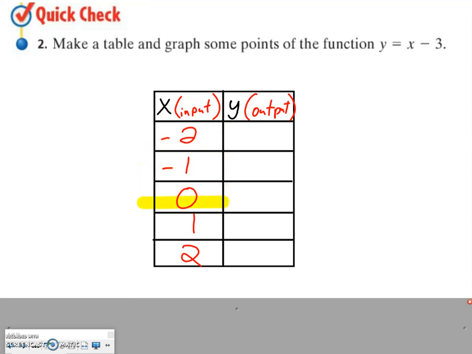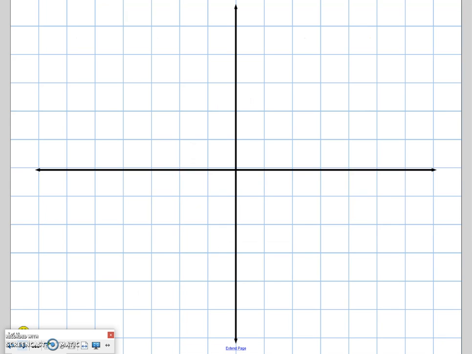Negative 2, negative 1, 0, 1, 2. Put those 5 in there. Fill out the outputs. And then on your grid paper, I want you to create a coordinate graph and plot those points on the graph. I want you to do that right now. Your teacher's going to push pause on the video, work at your desk for a few minutes, and then we can compare and see what we come up with, and I'll put the answers up shortly.